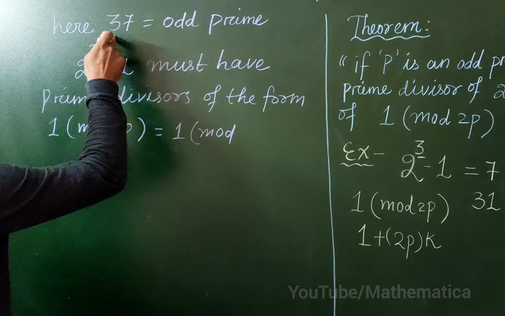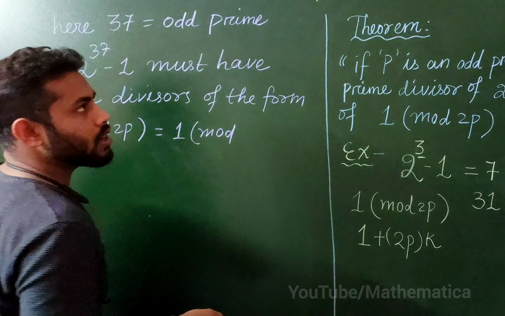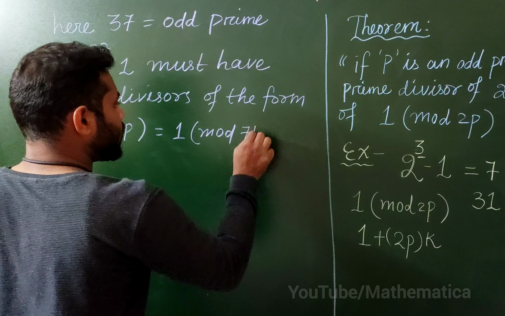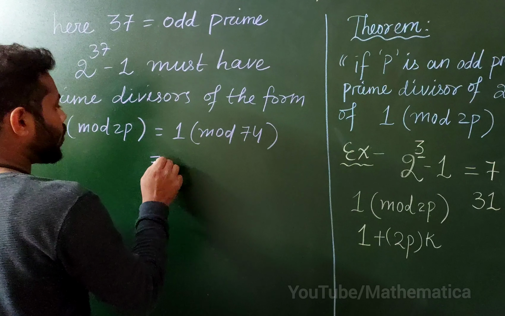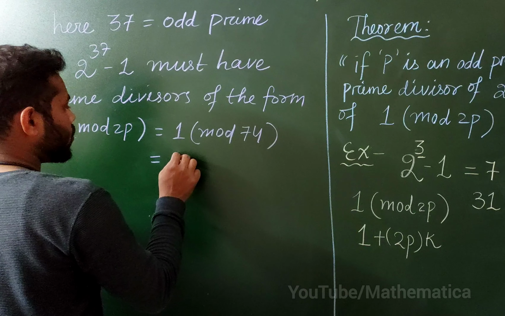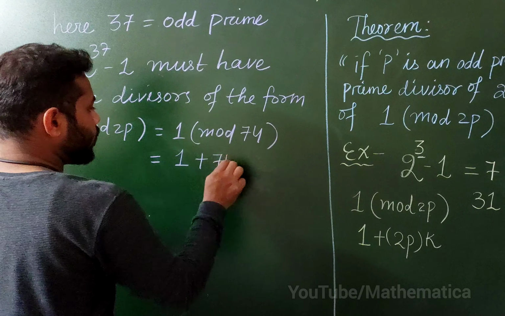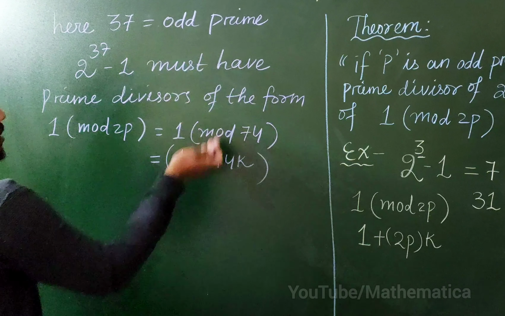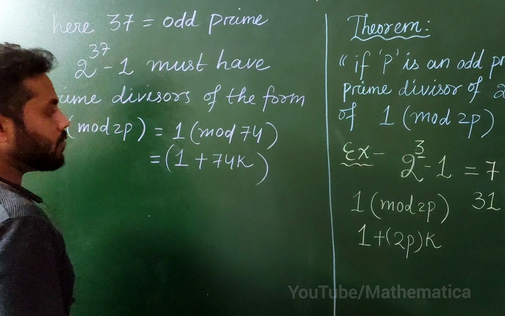Here p is 37, so 2p is 74, so 1 mod 74. It means of the form 1 plus 74k. So all of its prime factors must be of the form 1 plus 74k.